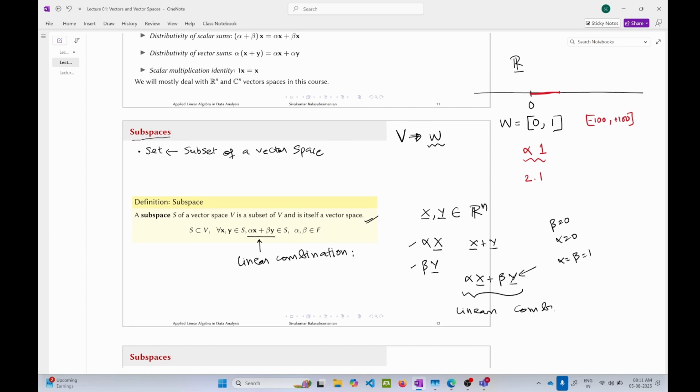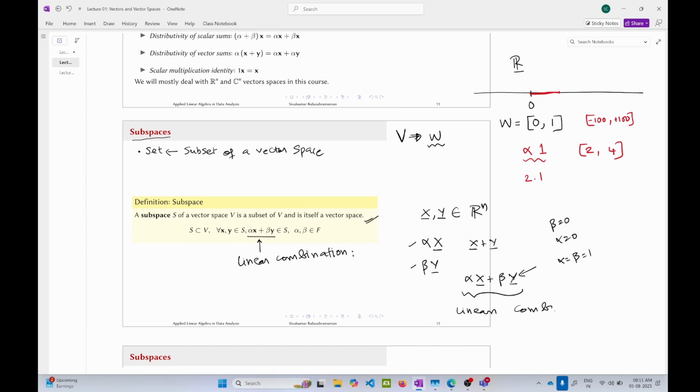Is it closed under vector scaling? No, you take 100 multiplied by 2, you're out of the set, so it's not closed, so it's not a vector space, okay? And a set that doesn't have a 0 element is out, so it's not a vector space.